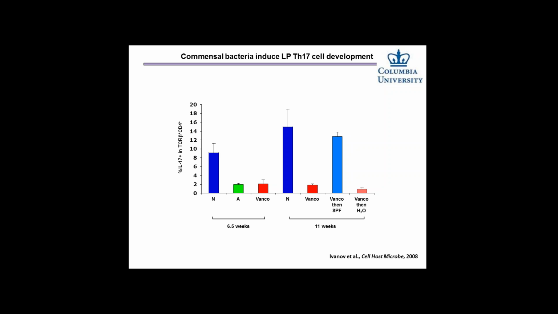And one way to do that is what we did in the right part of this experiment, where after we treat with antibiotic, we see depletion of Th17 cells, then we stop the antibiotic treatment, and then the mice are split in two groups.